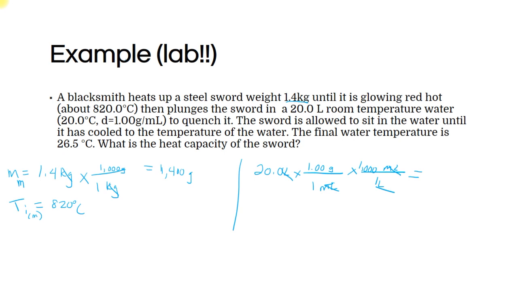So it just boils down to 20 times 1 times 1,000, which is a lot. So it's 20,000 grams, because grams is the only thing that's left. It also tells us that the water is 20 degrees Celsius. I think that's my initial temperature of the water, which is 20 degrees.